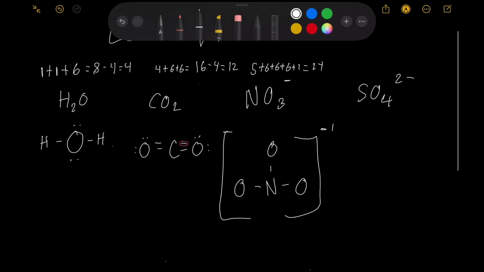Now, the thing about the anion is when you calculate your formal charge, you always want the formal charges of every single element to add up to your actual charge. So what do I mean by this? Well, let's just keep going and we'll find it out from there.